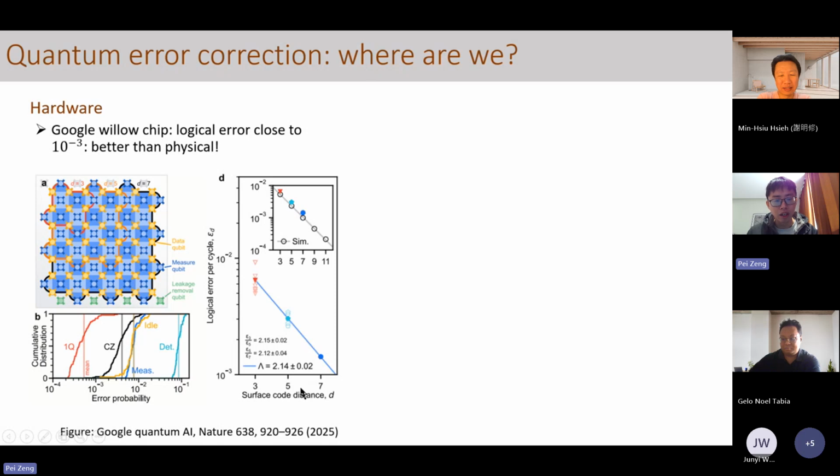So basically we can expect that when we increase the distance of the surface code, the logical error rate will decrease exponentially in the following years, making the error corrected device possible in near term demonstration.